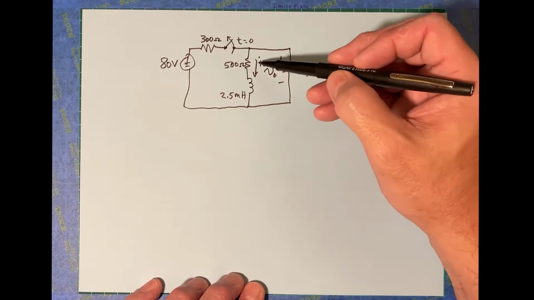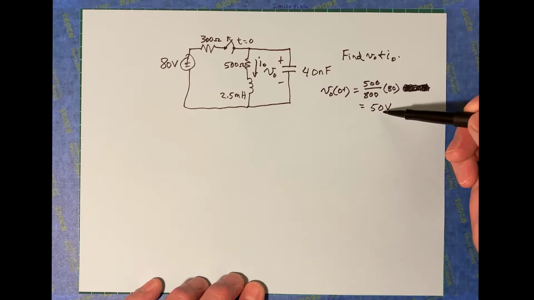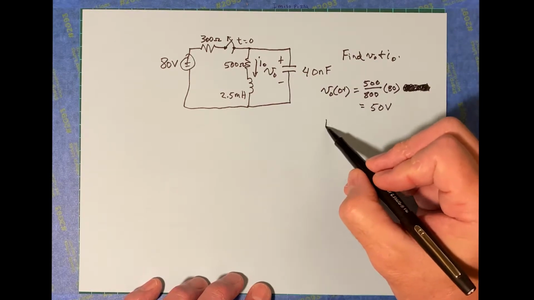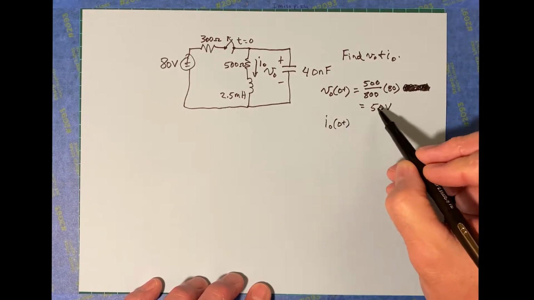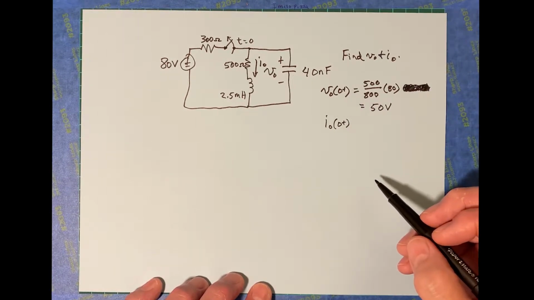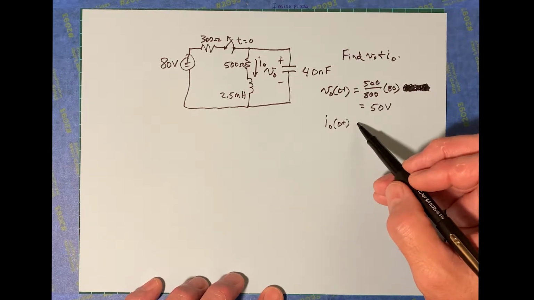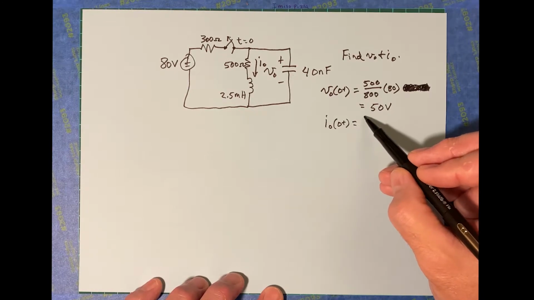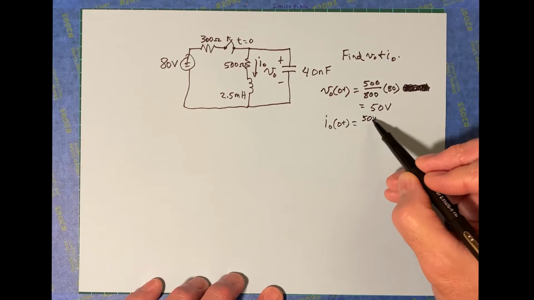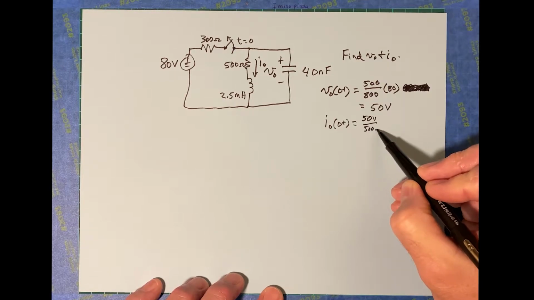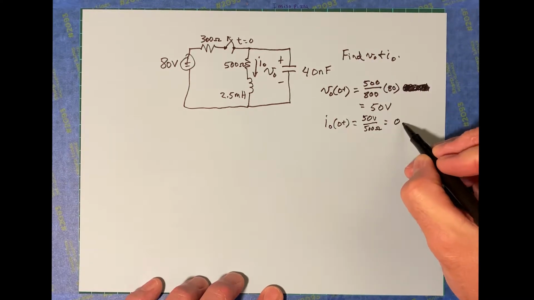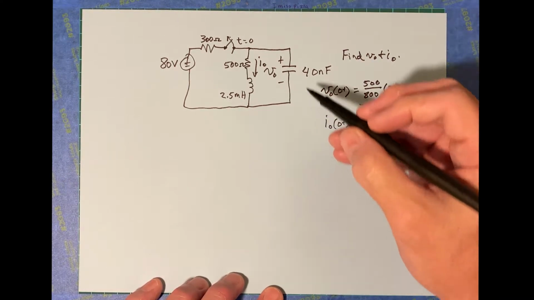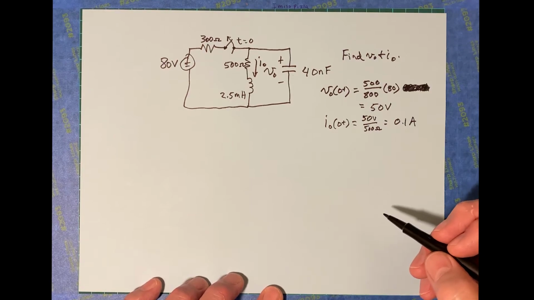If I know that the voltage across that resistor is 50 volts, I could figure out what the initial current is at 0 plus. That current's going to be V over R. So that's going to be 50 volts over 500 ohms, and that turns out to be 0.1 amps. So that is what I naught is at t equals 0.